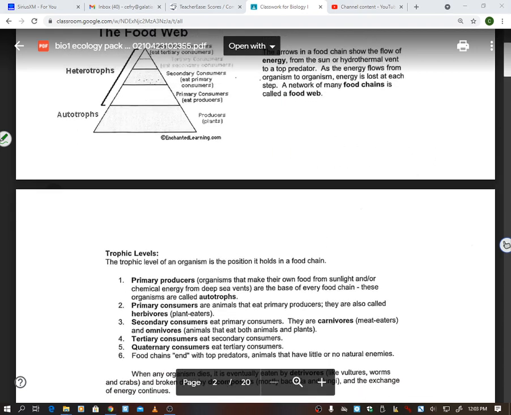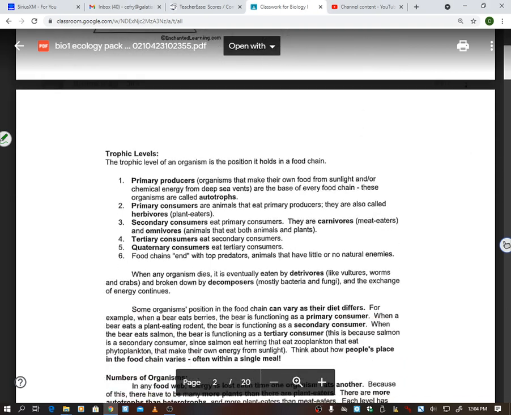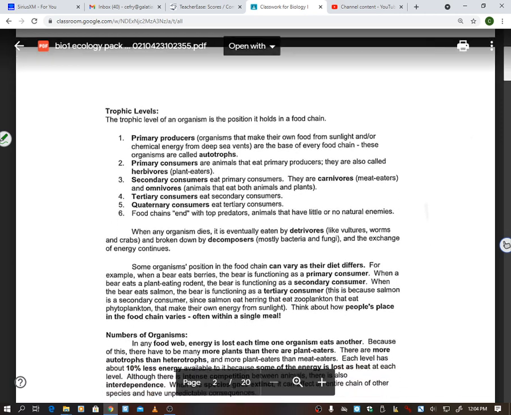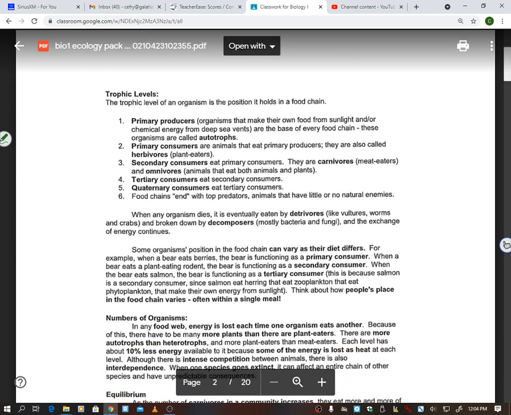They talk about trophic levels here, the primary producers. Your primary consumers are really your herbivores, right? They're primary, so they are eating plants. They're eating grass. It talks about that here. These organisms, the producers, are autotrophs.